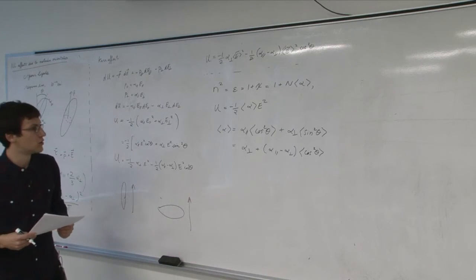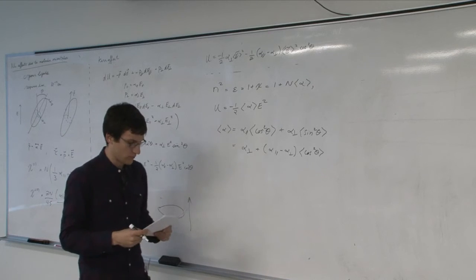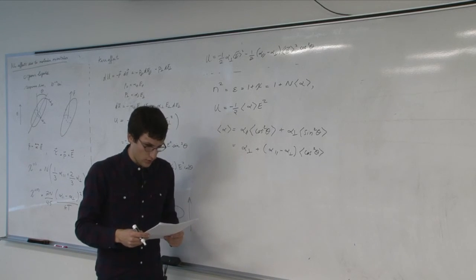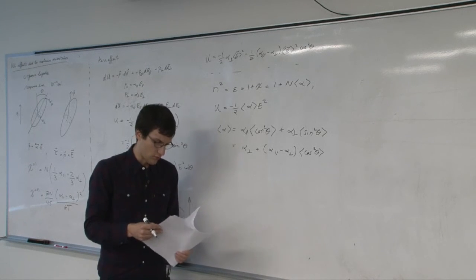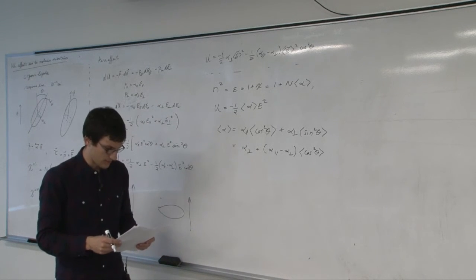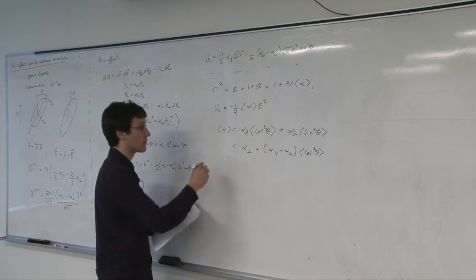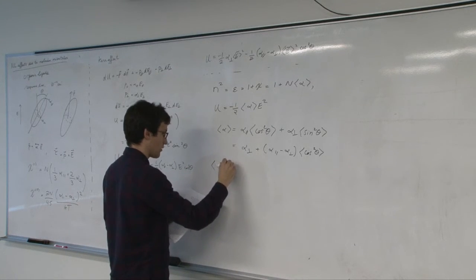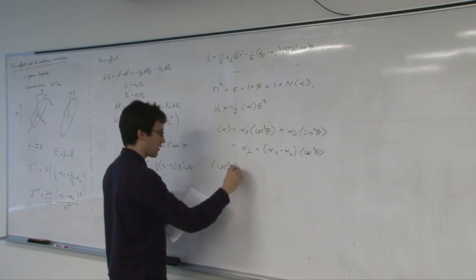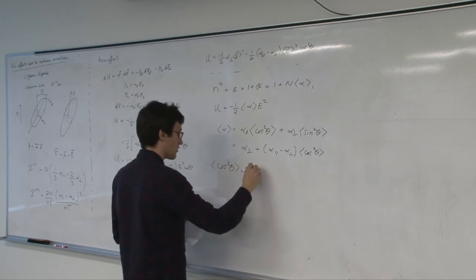So we need to consider the thermal effects due to the law of Boltzmann, right? So the average value of the cosine square is not obvious.